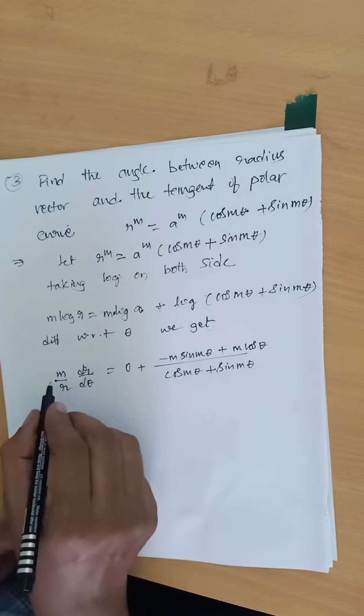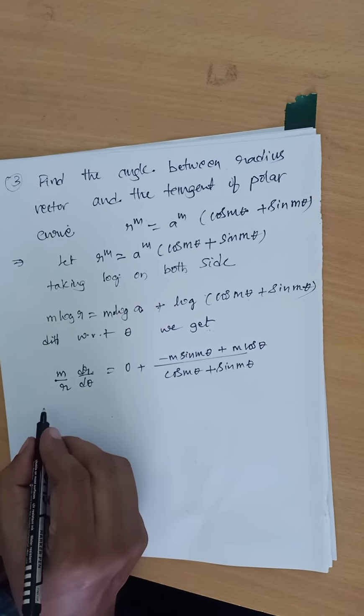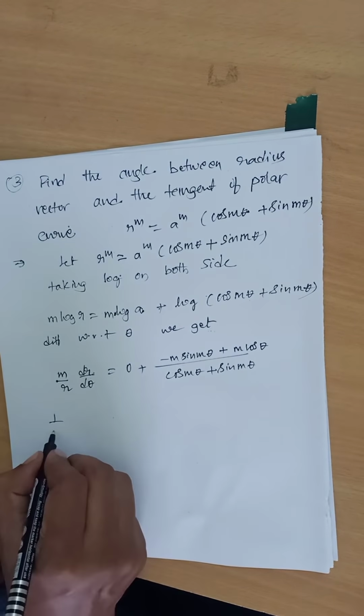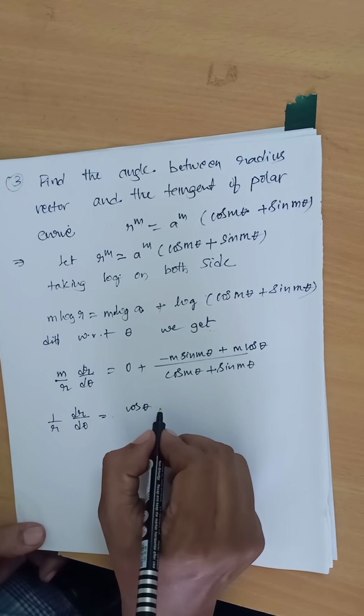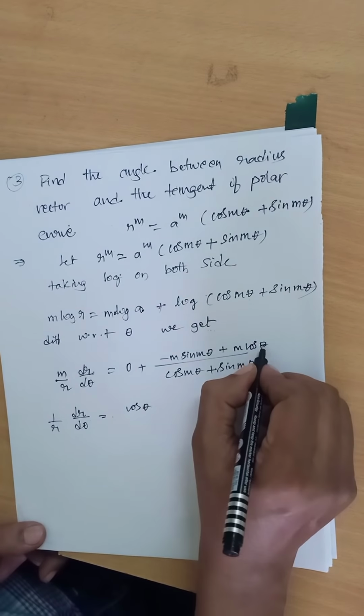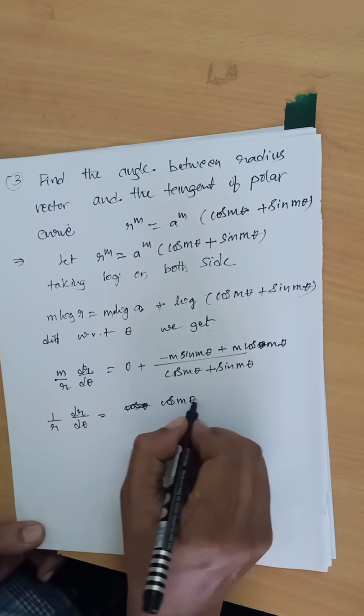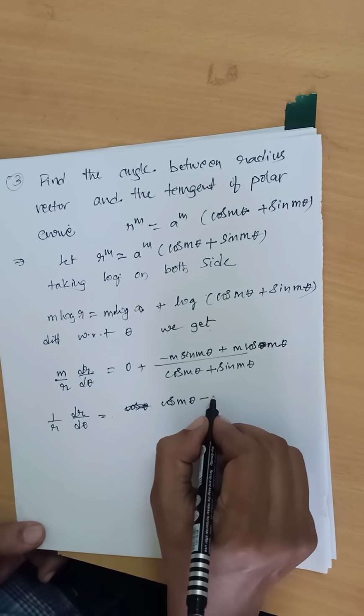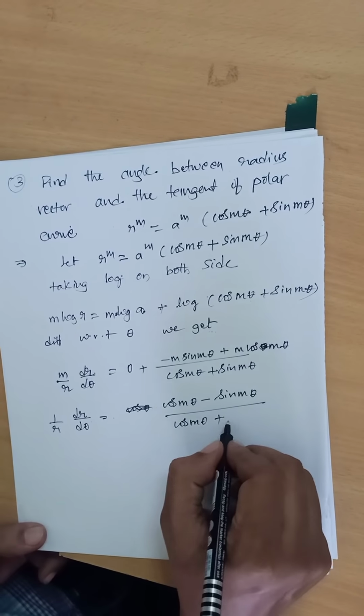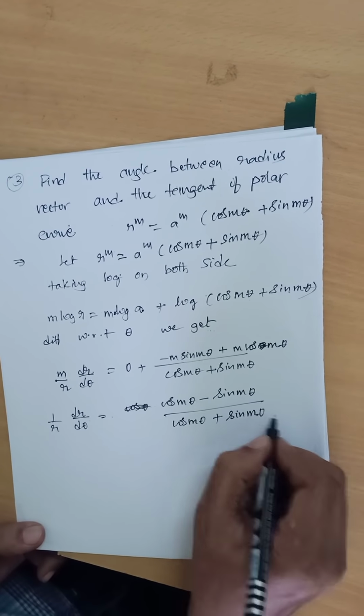See, m cancels on both sides. 1 by r dr by d theta is equal to cos m theta minus sin m theta, you first write this for convenience, by cos m theta plus sin m theta.